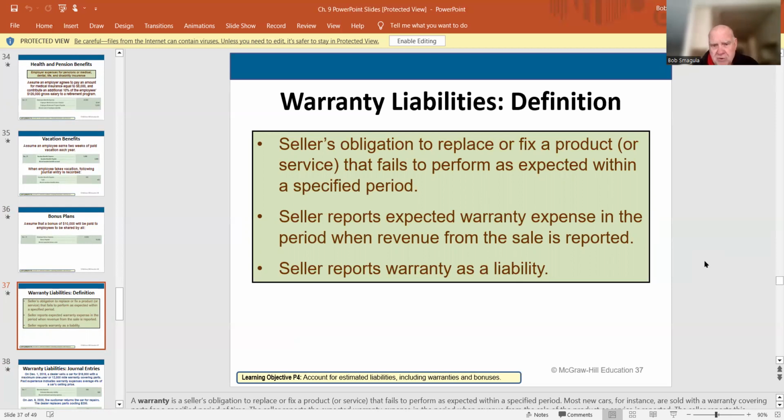We sold $10,000 worth of goods this month, but our experience says 4% of that stuff is going to be returned under warranty. We have to recognize that expense right now, just like bad debt expense, if you remember that. The seller reports the warranty as an expense and a liability.